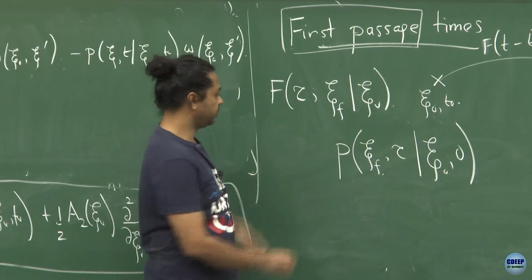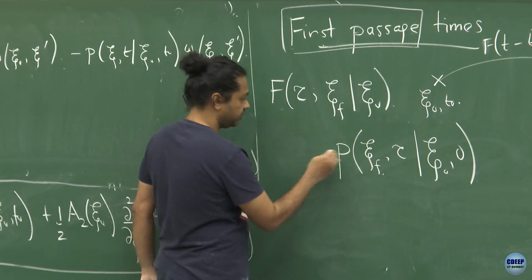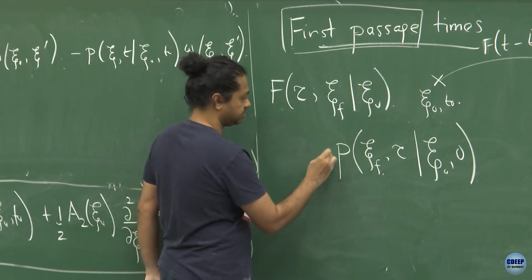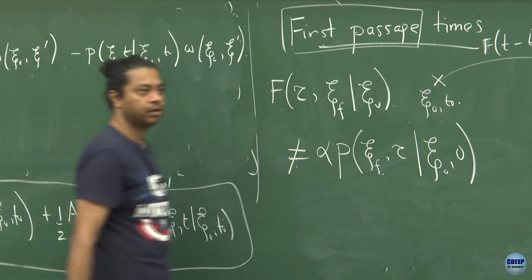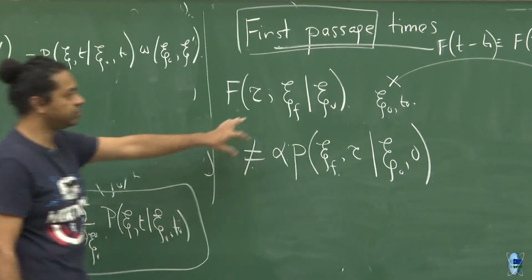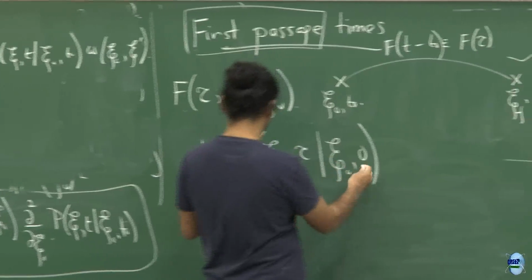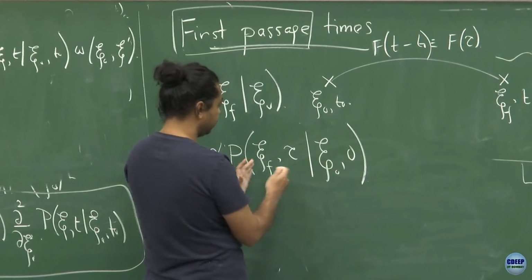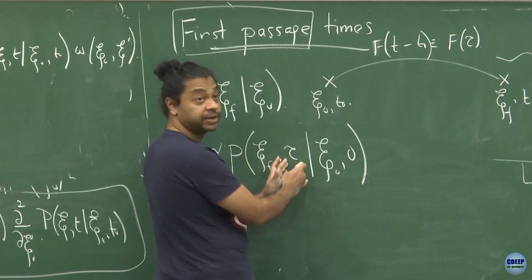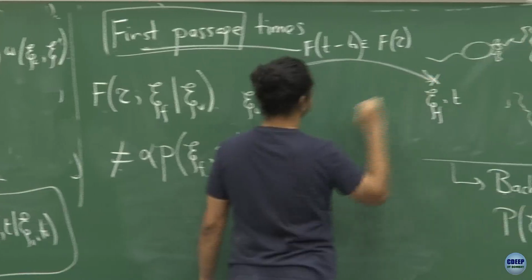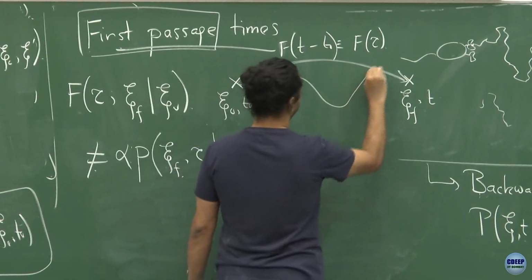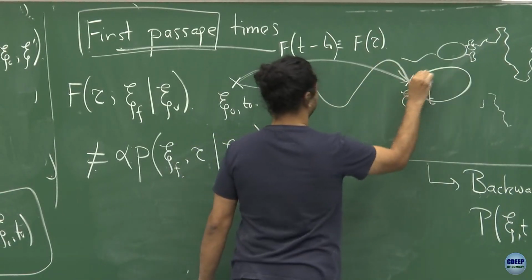This first passage time is not some scaled down version, let me say some alpha of this. These two are very distinct quantities, because the probability that you were at psi f after some time tau has evolved has this trajectory, but it also has this trajectory and then this trajectory.